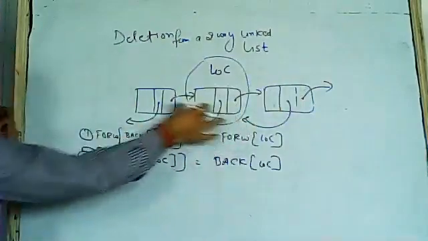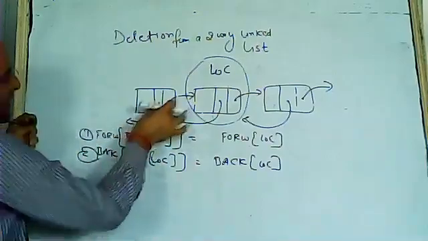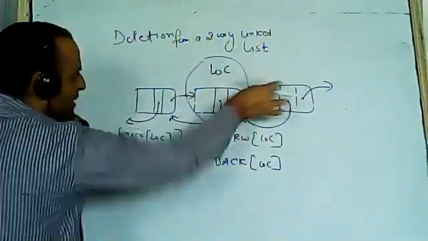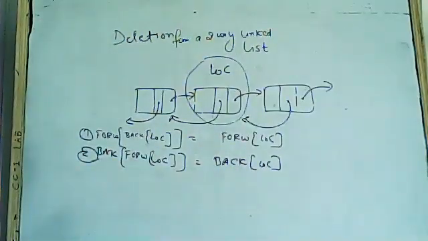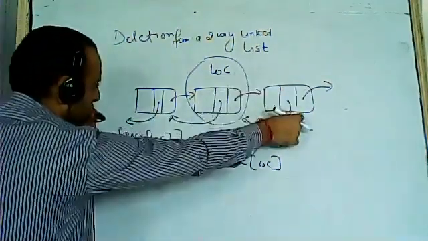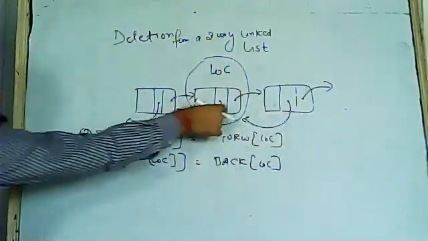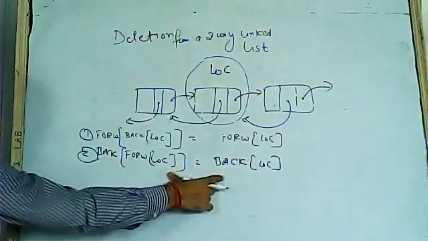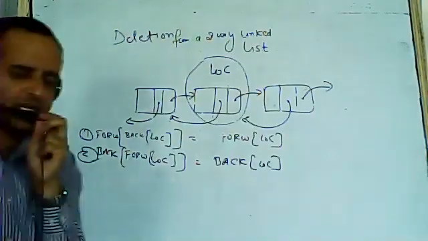So the new forward of location's backward node will be this node, which is the forward of location. And the new backward of location's forward node will be this node, which is the backward of location. Yes or no? Are these two steps clear or not?